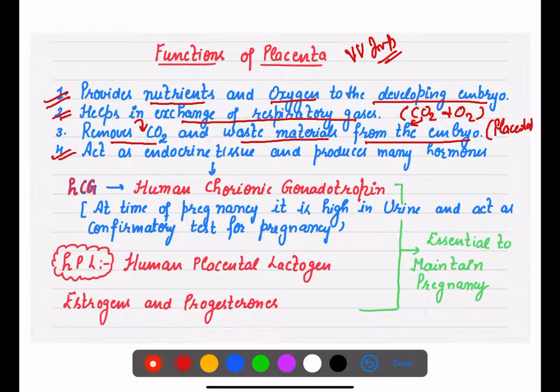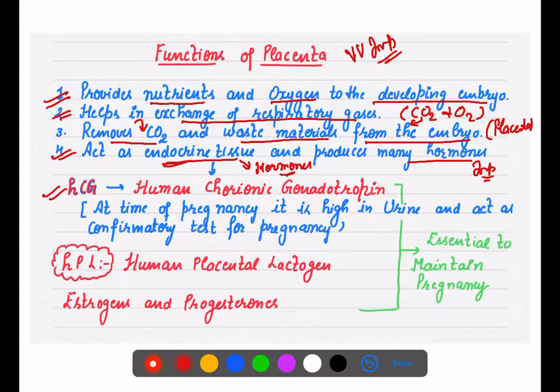It acts as an endocrine tissue. Now it is a major important function of the placenta that it acts as an endocrine. Endocrine means it is going to release hormones, and that is why we are saying it produces many hormones. Wherever the word endocrine comes, you just need to quickly understand that it is about hormones. Which hormones?